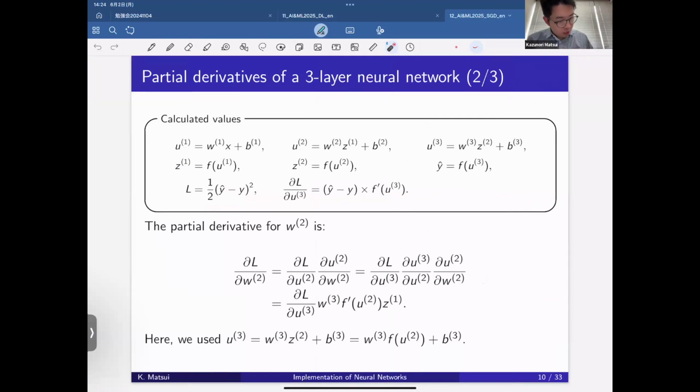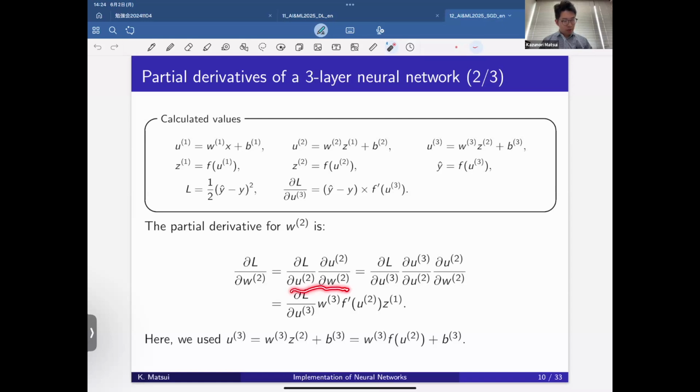Next, since we could calculate the partial derivative with respect to W3, the question becomes what happens to the partial derivative with respect to W2? We want to do the partial derivative with respect to W2 directly, but doing it directly is difficult. So just like this, we consider the partial derivative with respect to U2.